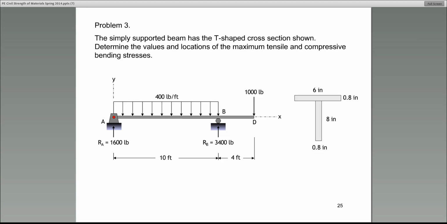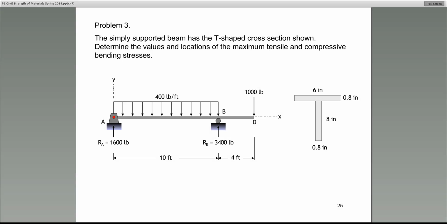One other thing, this problem requires drawing both the shear diagram and the moment diagram. That's another thing I want you to do. Do me a favor. Without looking at the shear diagram or the moment diagram, try to do it on your own based on the principles that I shared with you this past Tuesday.